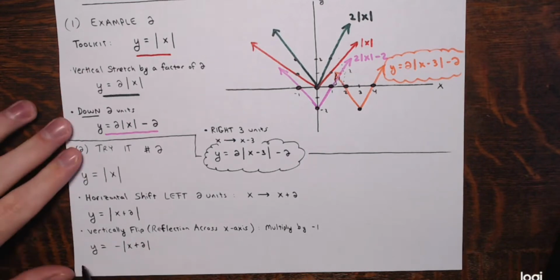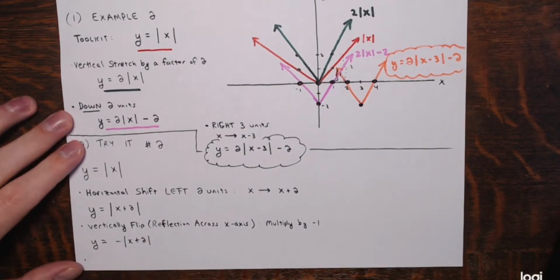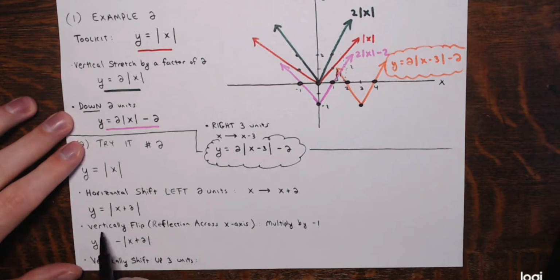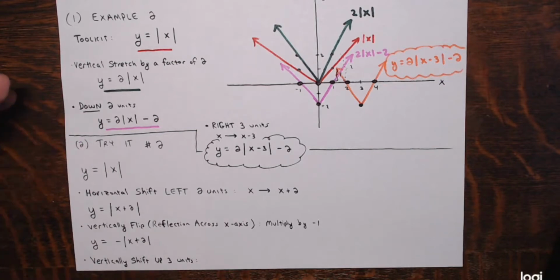And then the final transformation they ask us to do is vertically shift up 3 units. Remember the vertical transformations: you just keep the rule the way it is and then do something outside of it.